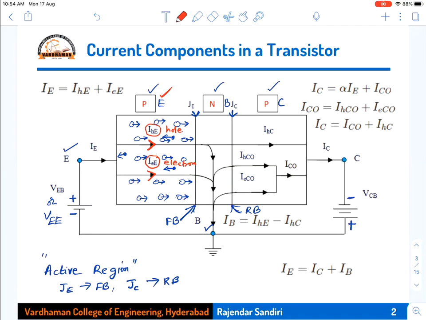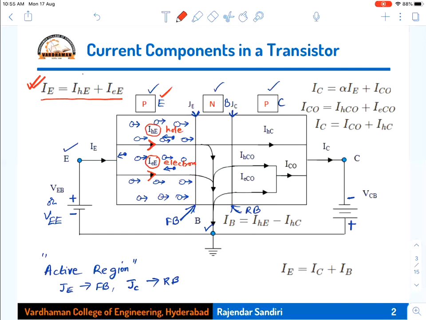Both of them are moving and both are constituting currents. Due to holes it is IHE, due to electrons it is IEE, and the total current will be equal to the sum of these two. So the total emitter current is equal to the hole current in the emitter region plus the electron current in the emitter region. These we call components. So what are those components? In the emitter region, we have two current components.